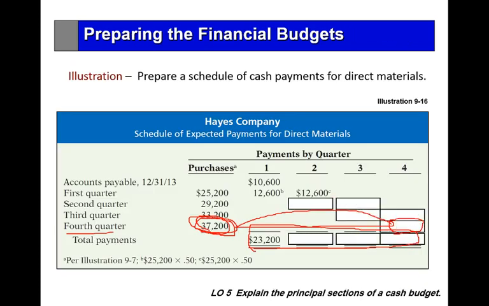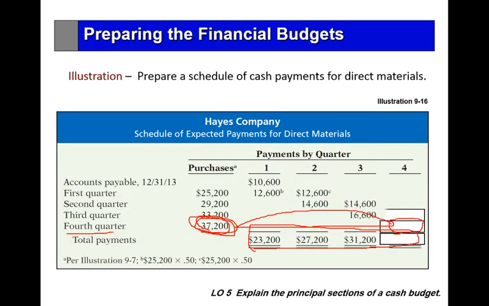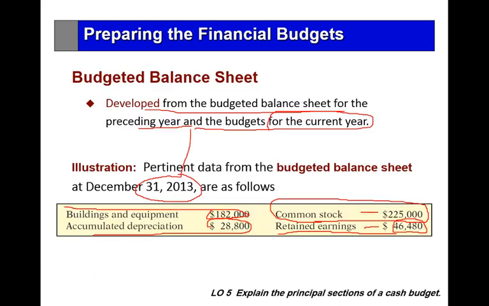We have the expected or desired ending raw materials, which is the end of the fourth quarter, the end of the year. Then 1,020 multiplied by the cost per unit, which is 4. Then we have 1,020 multiplied by 4. Then we have here 4,080.